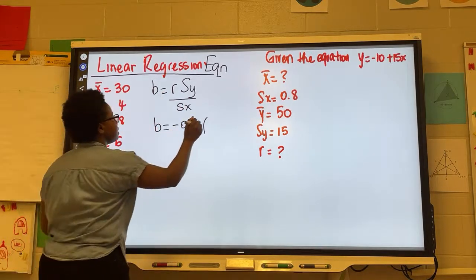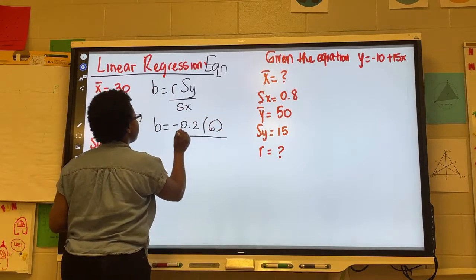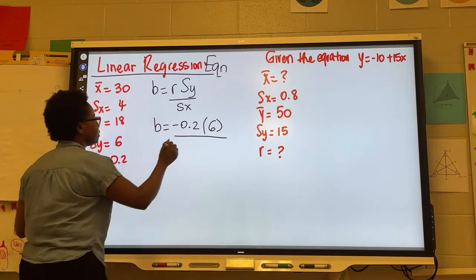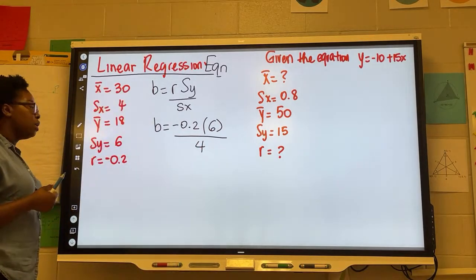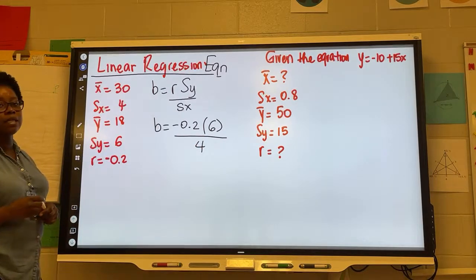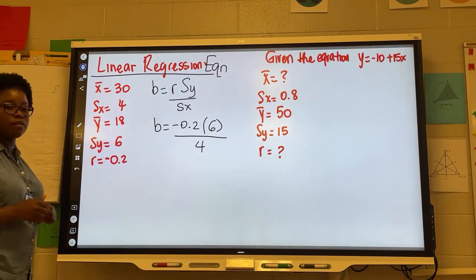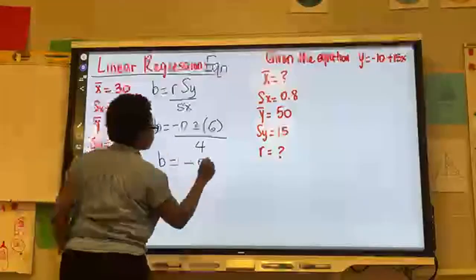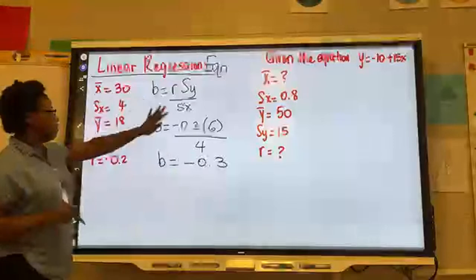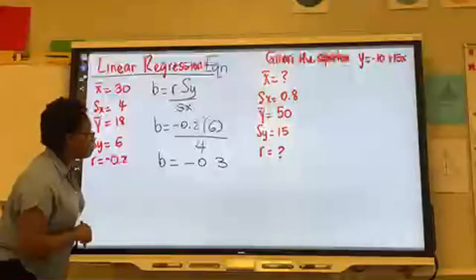Sy is 6 over sx, which is 4. Using your calculator, you do the top part first, and then you divide it by 4. We found our slope: negative 0.3.